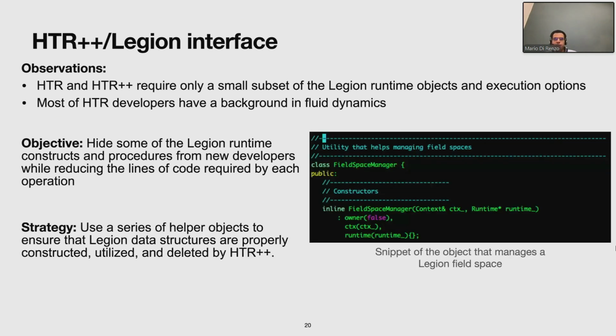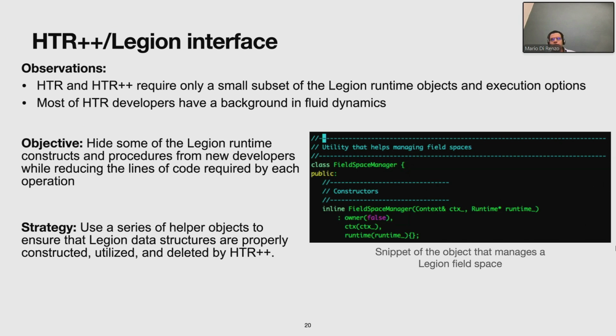In order to do that, we implemented a number of helper objects that are in the middle between the application and Legion, and that perform several standard operations that we do throughout the solver.